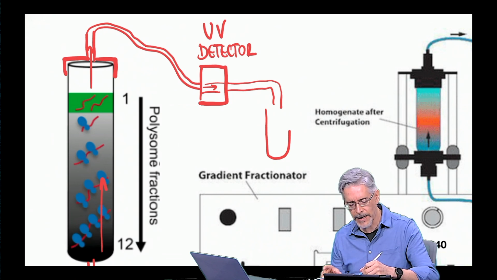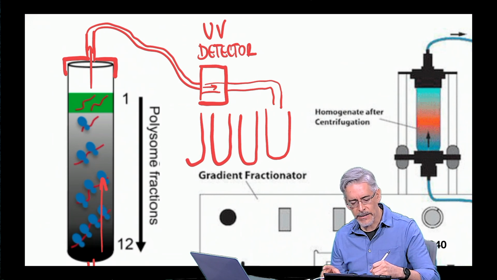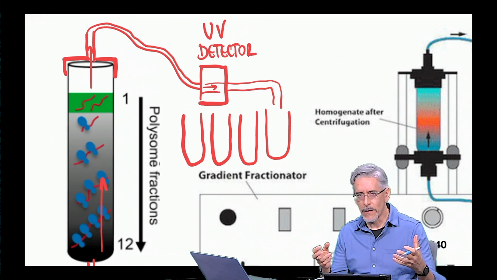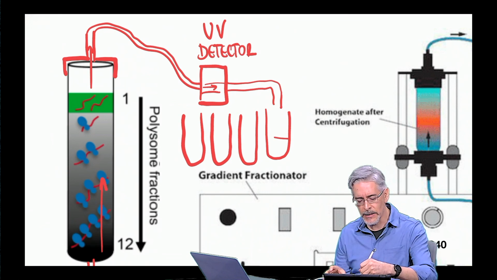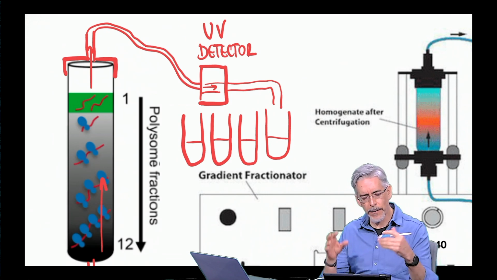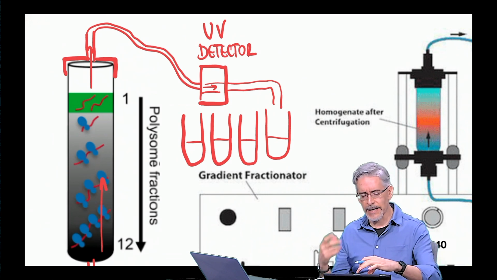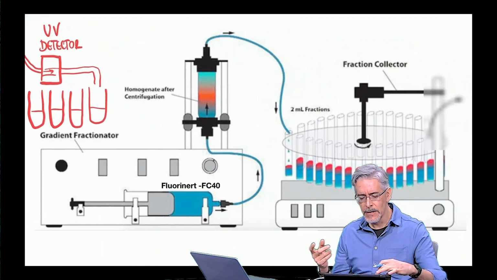So you can collect fractions in different tubes, of, say, 1 milliliter or half a milliliter or whatever volumes you want to collect in each tube. You can program this in the fraction collector. And that kind of system is actually shown here.